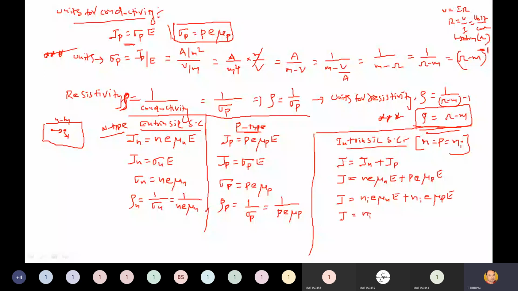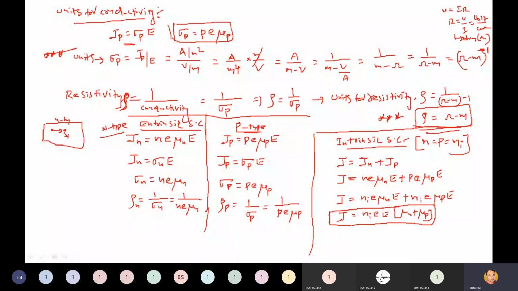Ni is common, e is common, capital E is common, into mu N plus mu P. So this is called current density for intrinsic semiconductor. Please do remember, J is equal to Ni e E into mu N plus mu P.